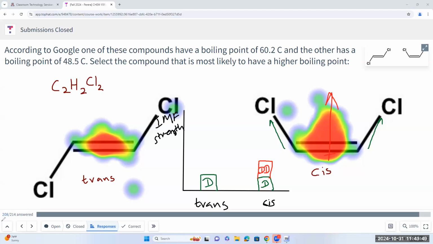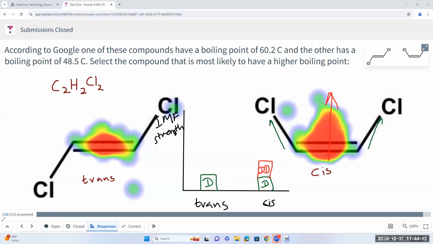Kimberly? Yes. So the cis one is stronger because you have dipole-dipole contribution in the cis conformation, and in the trans the dipoles are pointing in opposite directions.